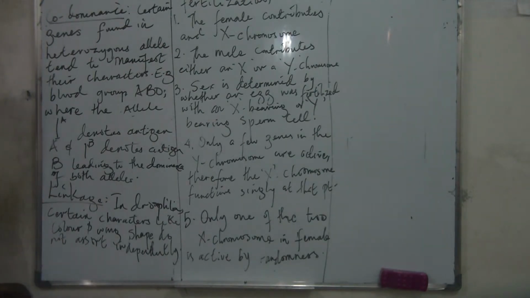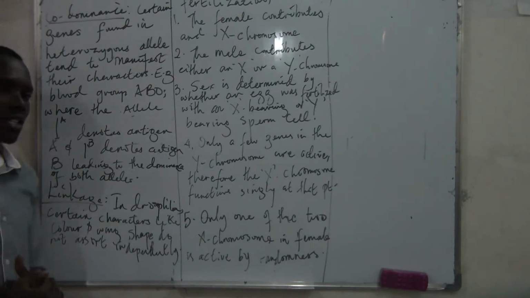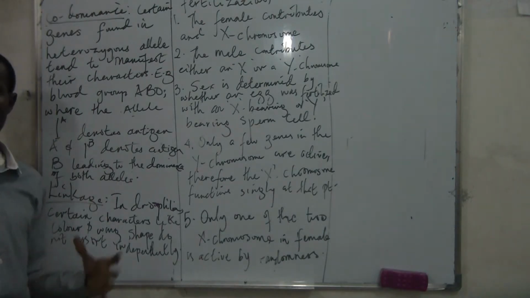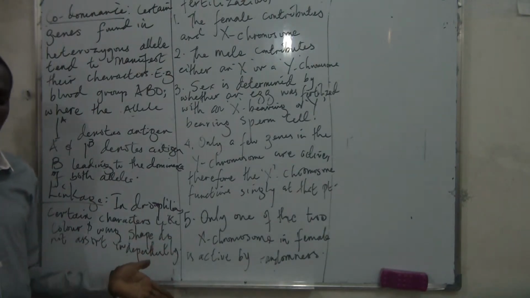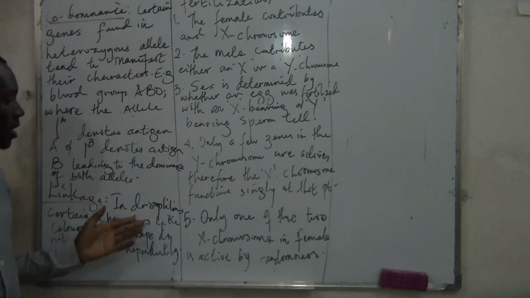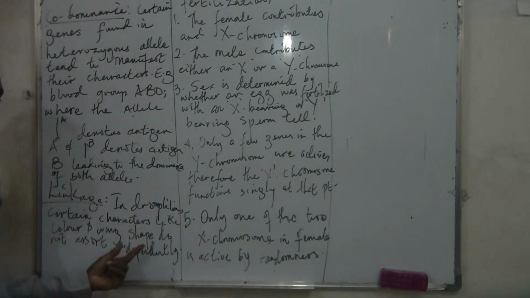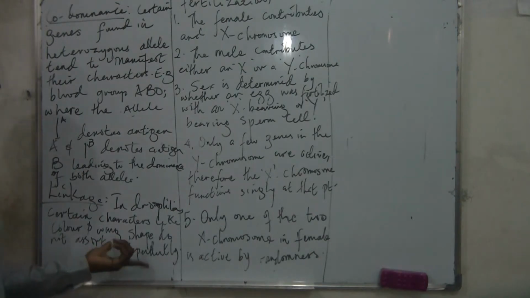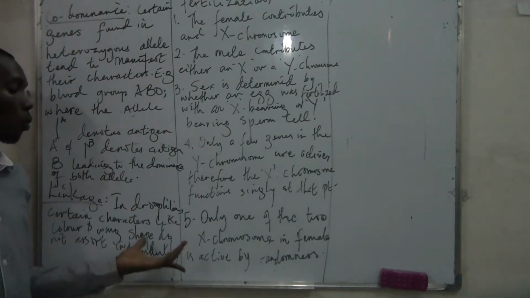Do you understand the idea? If, for instance, a particular insect species of Drosophila is red in color, maybe red in color goes with what? Let's say triangular shape wings.